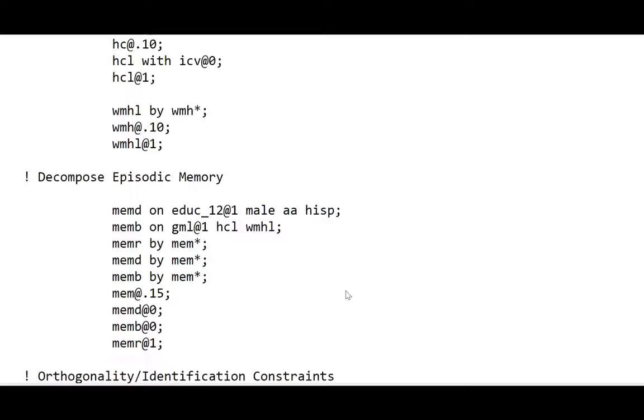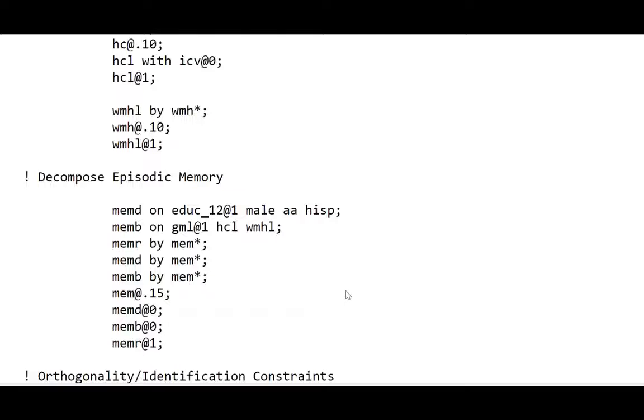One of the coefficients has to be fixed in order for this to be identified: male, AA, and Hispanic. Similarly, MEMB is regressed on GML, HCL, WHL. The other thing that you need to do to identify this model is that the residual variance of the reflective factors has to be 0. So MEMD at 0, MEMB at 0.